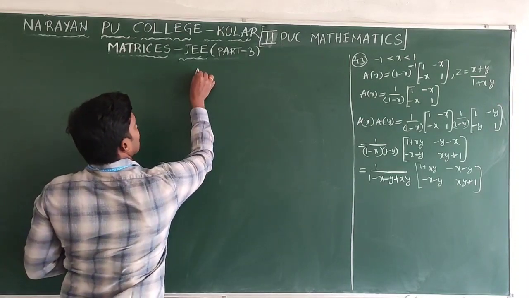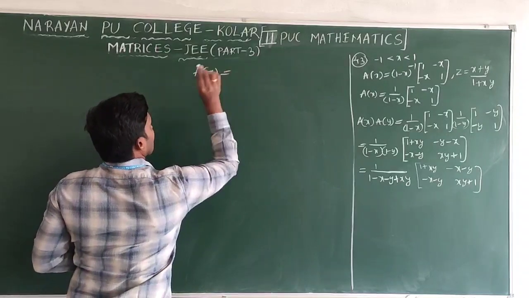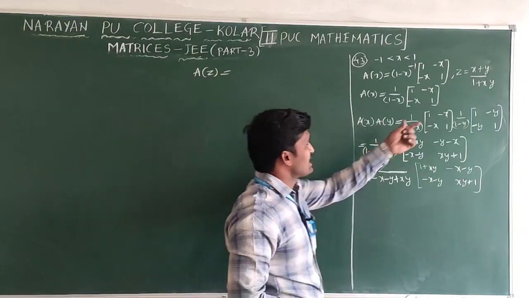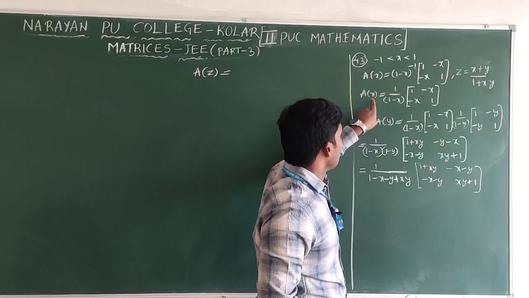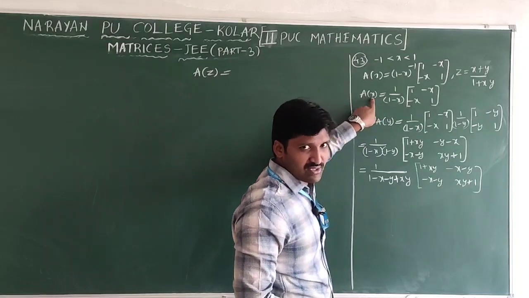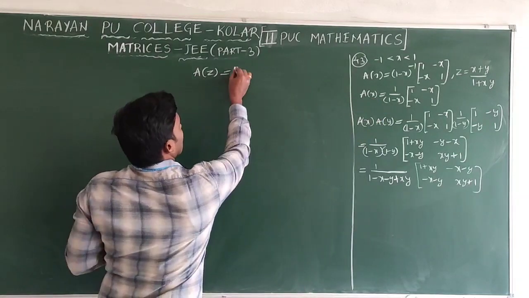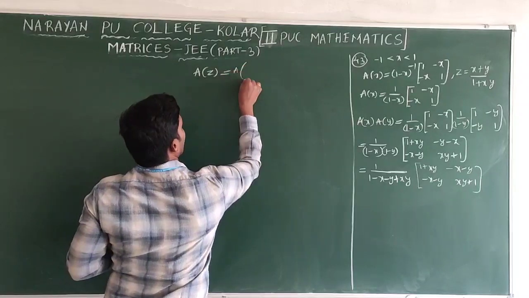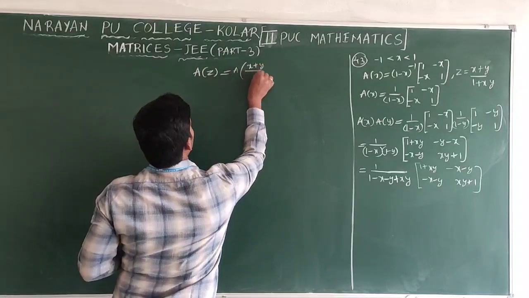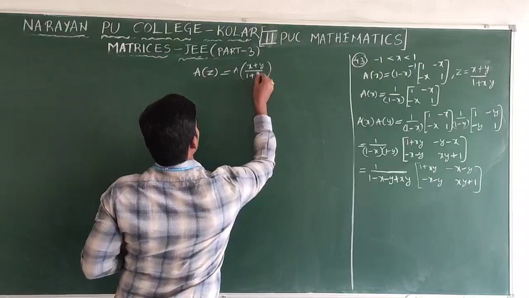Now, next I will find out the A of z value. A of z means the z value we need to substitute in the A of x function in the place of x in every entry. Now, A of z means A of x plus y by 1 plus xy.